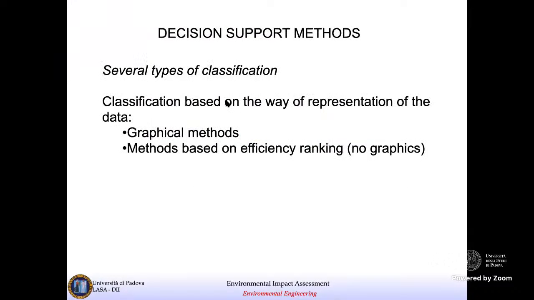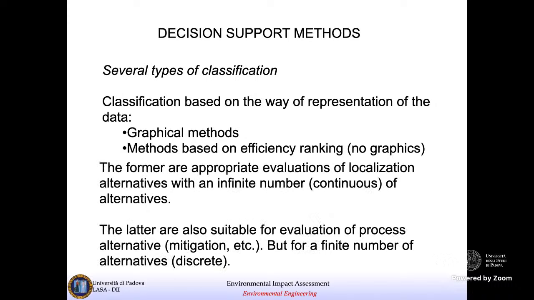So, as we have seen, there are several types of classifications for decision support systems. Classification may be based on the way of representation of the data. So we have seen graphical methods, or methods based on efficiency ranking, no graphics. It is typically the multi-criteria analysis systems.